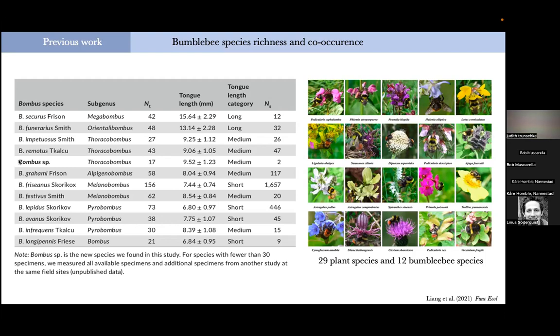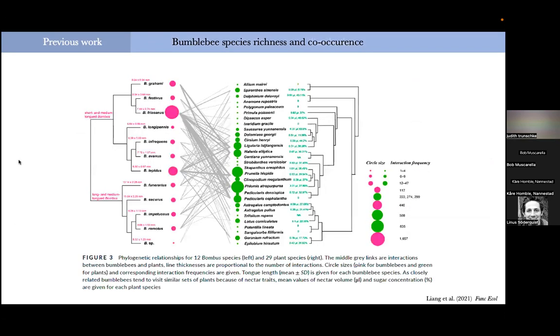She measured different traits for plants and the bumblebees, and investigated the interaction, basically asking who is visiting whom and do they overlap. What you can see here on the right in the pink color is the phylogenetic relationships of the bee species, and in green are the plant species.